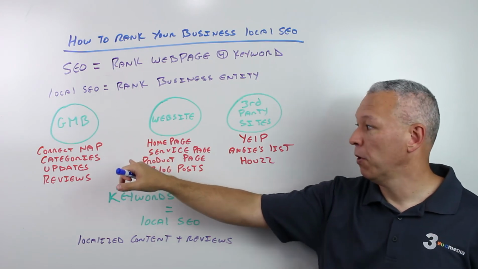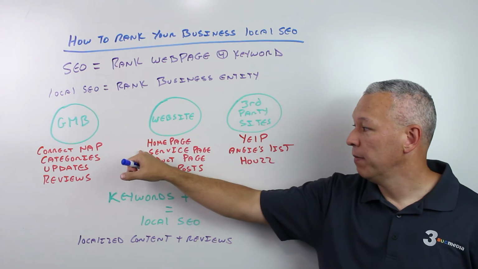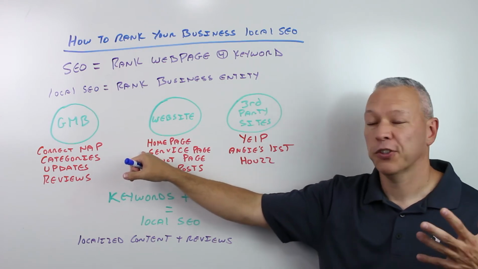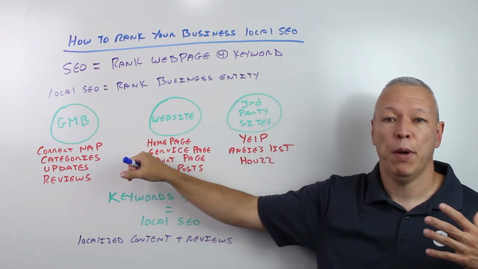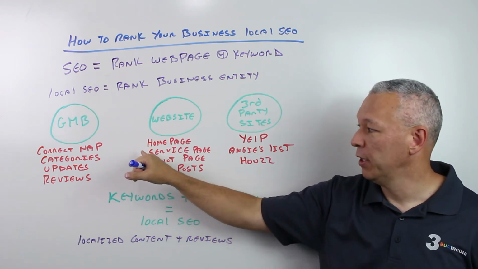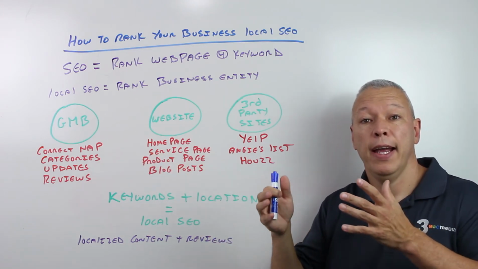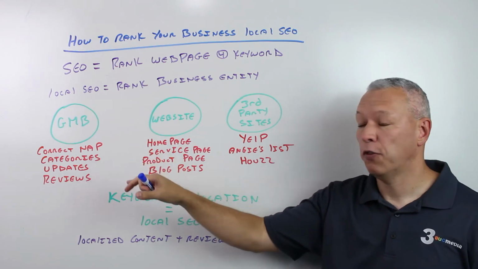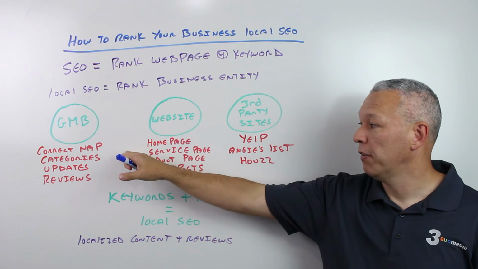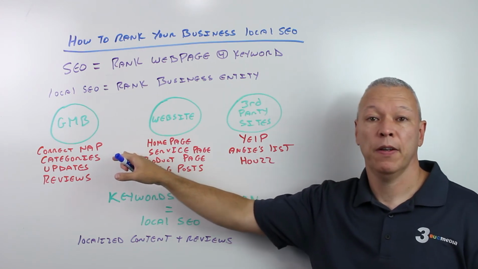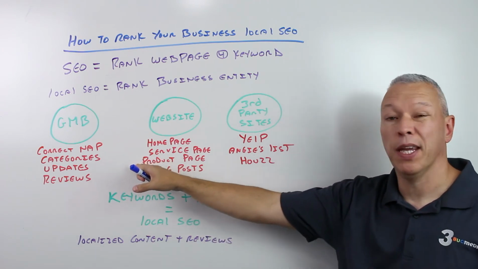If you're a plumber located in Charlotte, you want to optimize your homepage for plumbers in Charlotte, and your service pages, like hot water installation or bathroom tub installation, for that keyword and your location. So when somebody searches for hot water installation in your city, you have the opportunity to show up in the local search results for that service. Same thing with products.